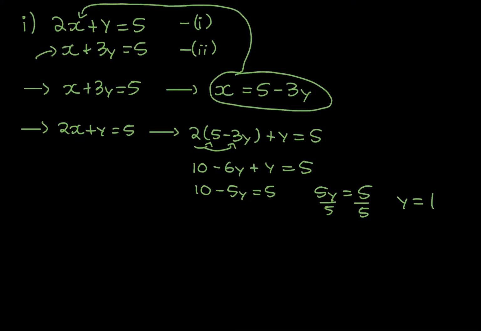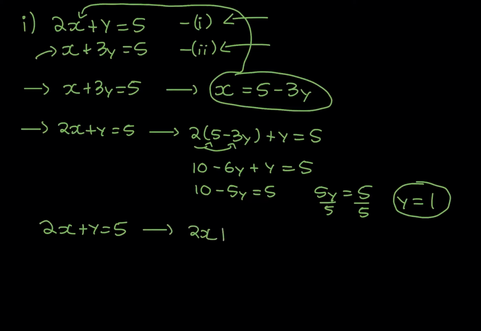Now I'm going to take this value for y and plug it into either the first or second equation. Let's say I'll plug it into the first equation, 2x plus y is equal to 5. I'll plug in y and I get 2x plus 1, because y is equal to 1, is equal to 5.